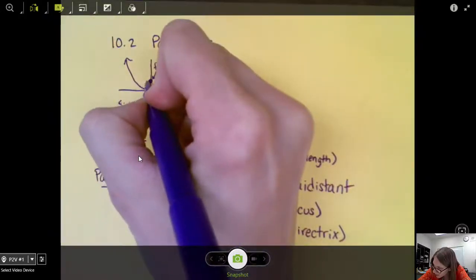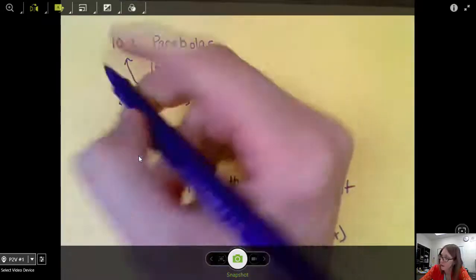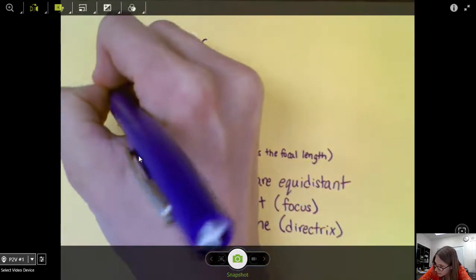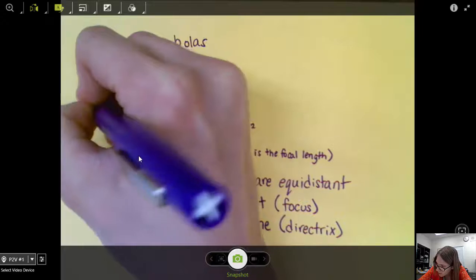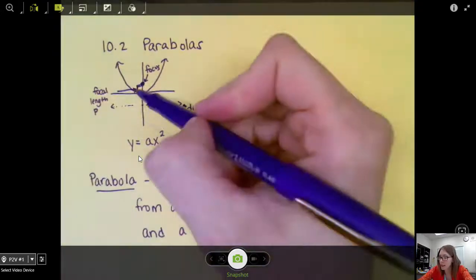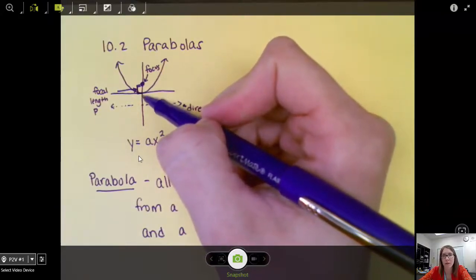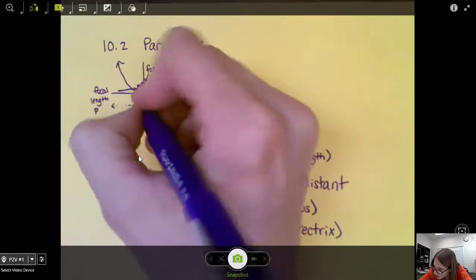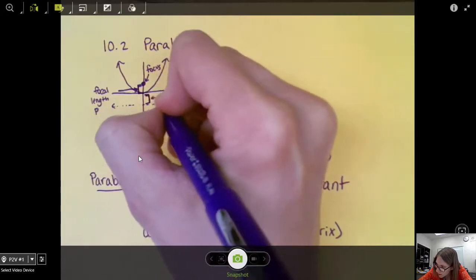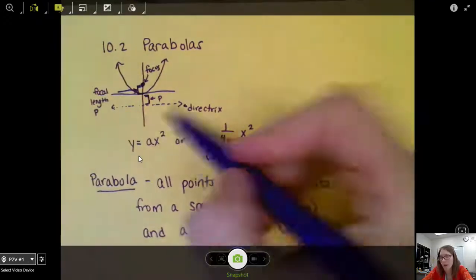And then right here, the distance from my focus to my vertex is the focal length, the focal length P. Now, since this distance from my focus to my vertex is the same as the distance from the vertex to the directrix, we also could say that distance is P. Depending on what information we're given, sometimes that's a little bit more helpful.